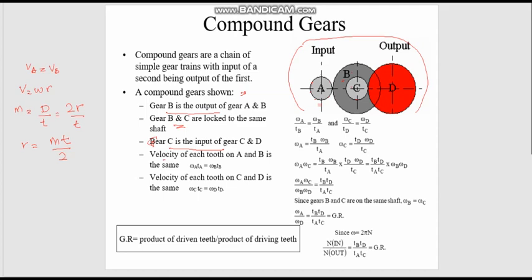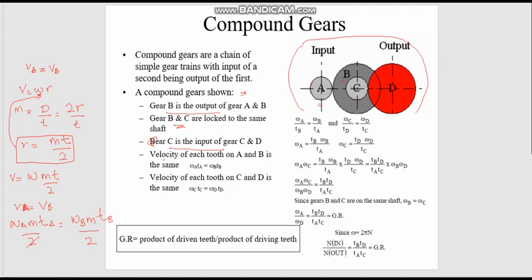So if I replace this in here, then what I have is velocity is equal to omega times M T over 2. So with this, if we say that VA equals VB, then basically omega A M TA over 2 is equal to omega B M TB over 2.